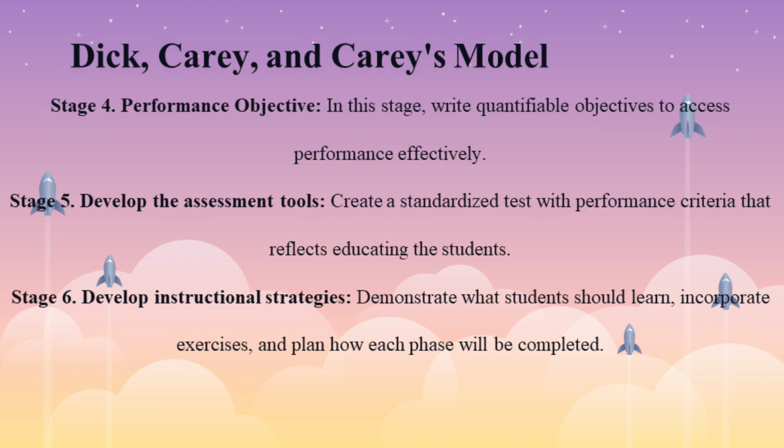Stage 4, performance objectives. In this stage, write quantifiable objectives to assess performance effectively. Stage 5, develop the assessment tools. Create a standardized test with performance criteria that reflects educating the students.